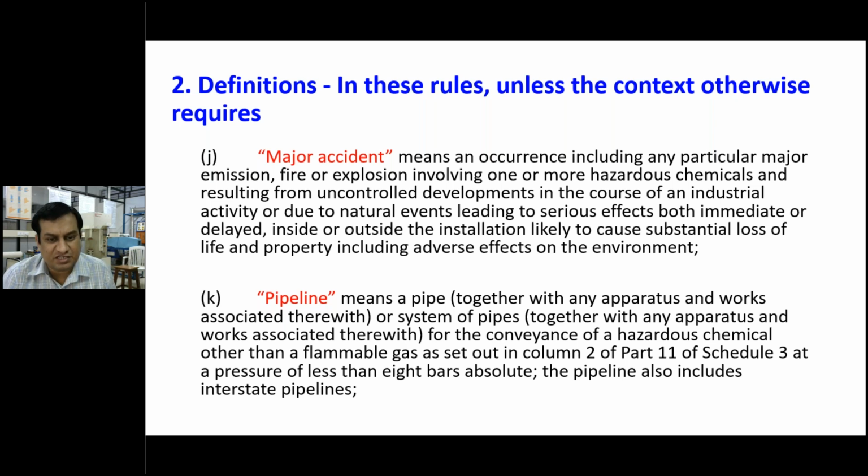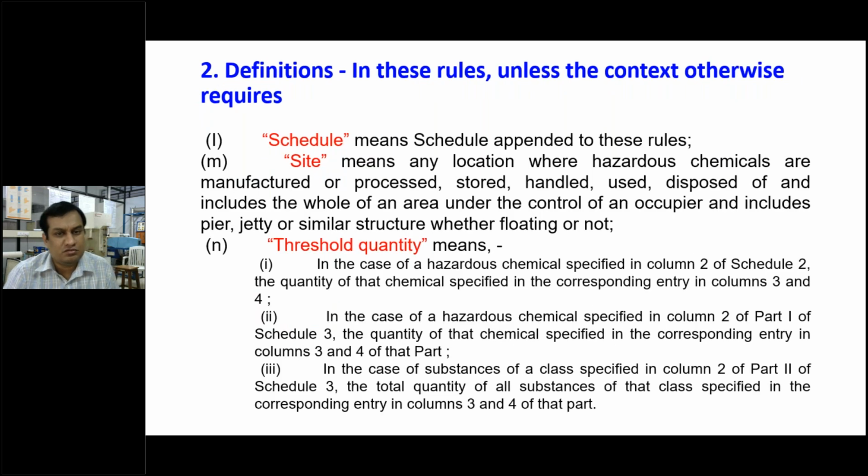So the pipelines which are related to the hazardous chemicals and which are clearly mentioned in schedule 3 are called pipelines. The fittings, equipment or instruments which are directly connected to those pipelines carrying the hazardous chemicals are also called pipeline for this rule. Then schedule, you already know what exactly the schedule is.